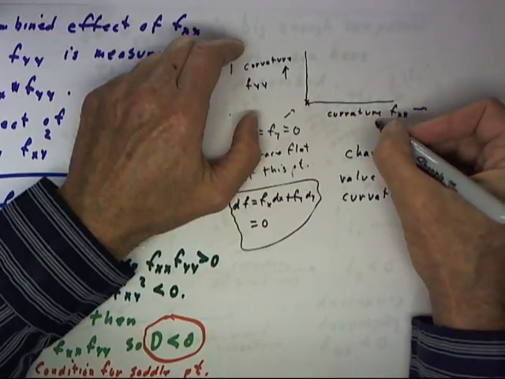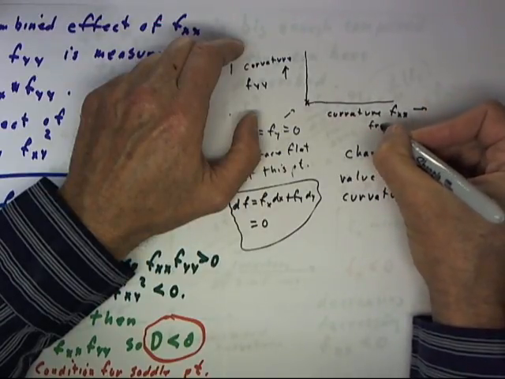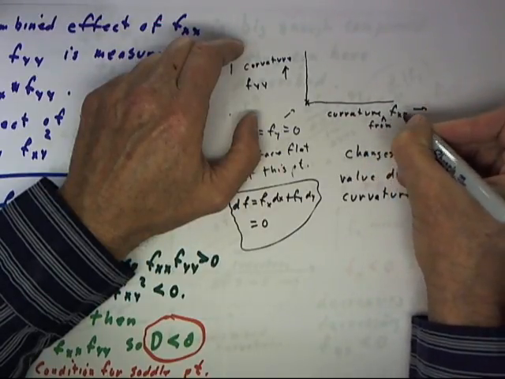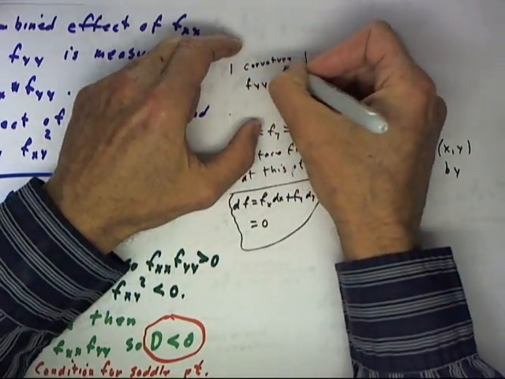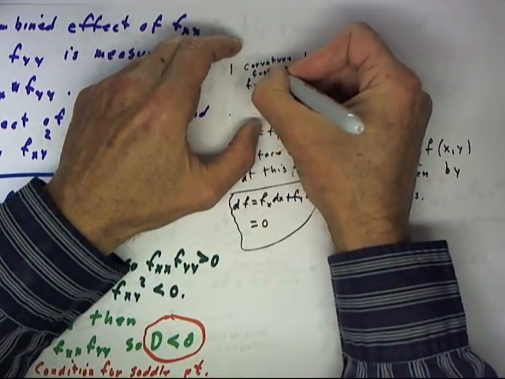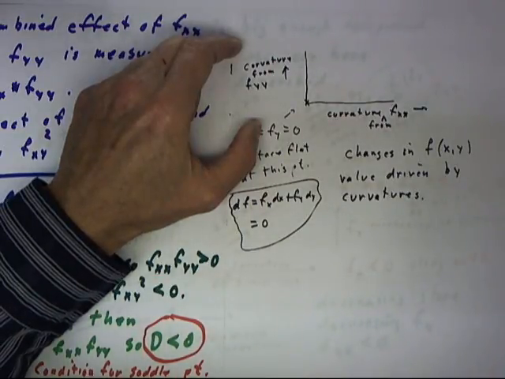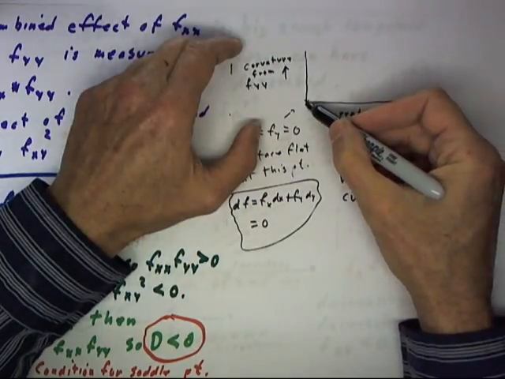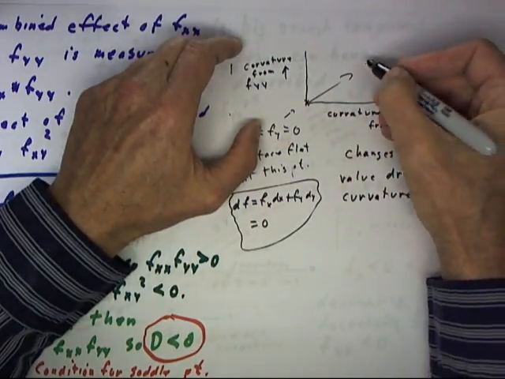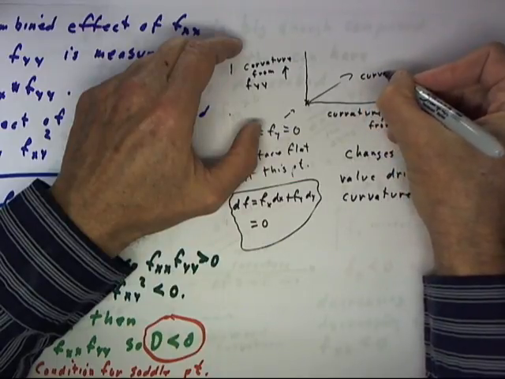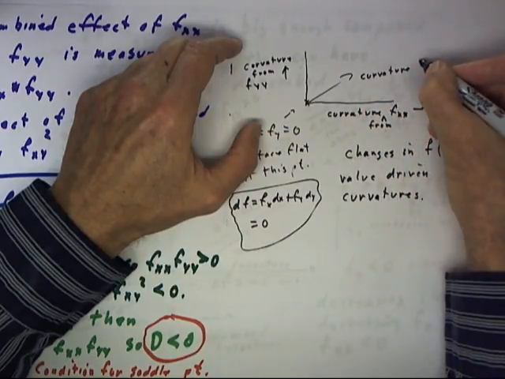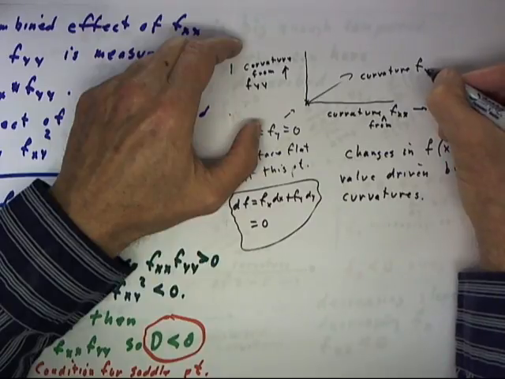Just to get the notation straight, we'll say the curvature from fxx and the curvature from fyy, and a curvature out in this direction, which is going to be fxy.